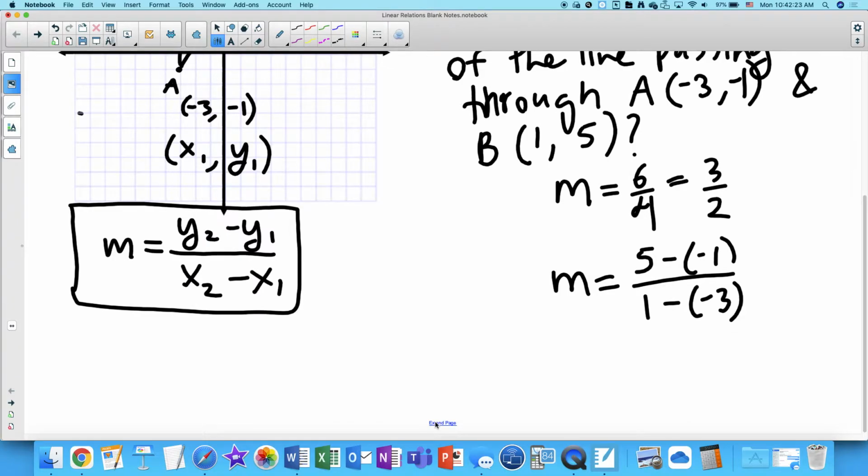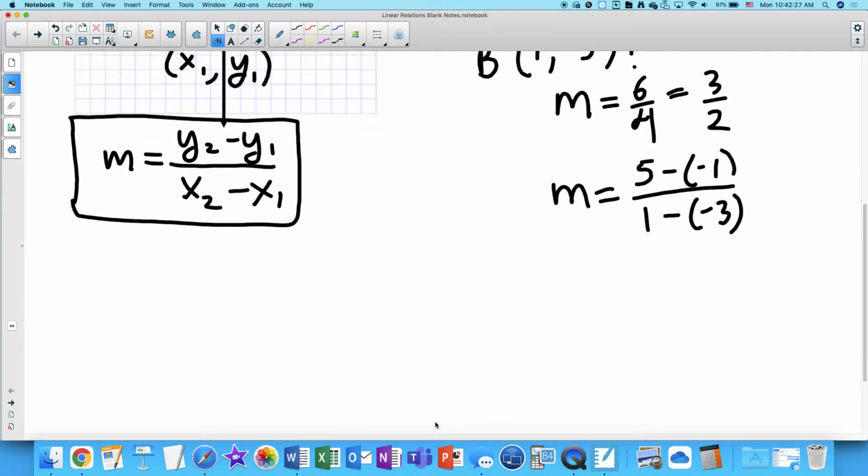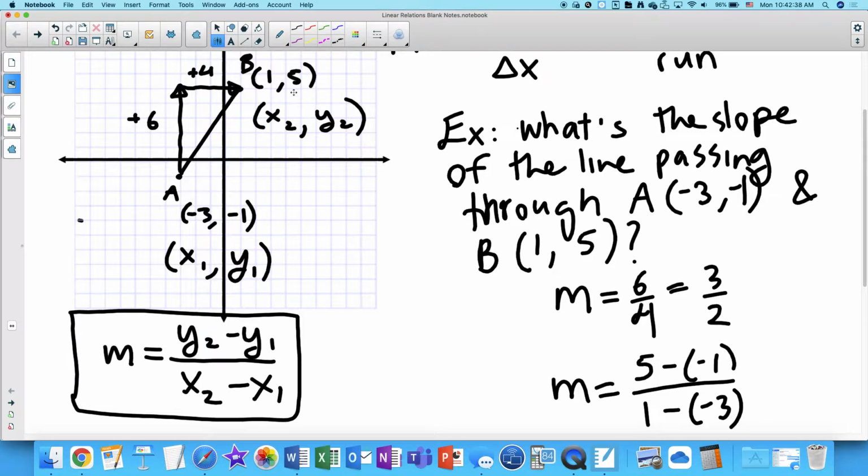You could interchange the variables, but you can't arbitrarily change the variables on the graph without changing them in the statement. I chose A to be the first point, and I chose B to be the second point. So my question is, could I make B the first point and A the second point?